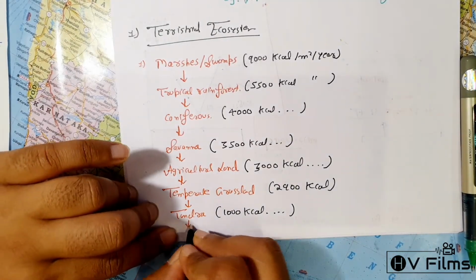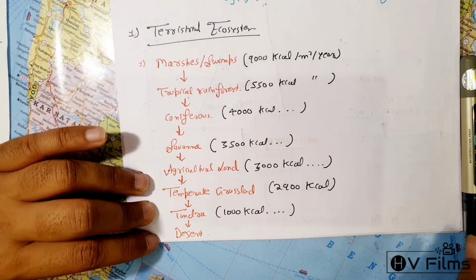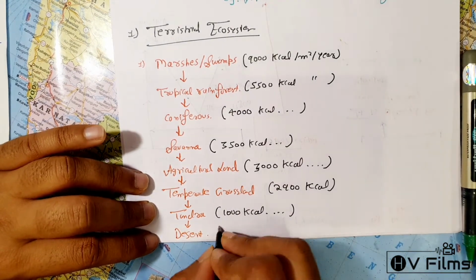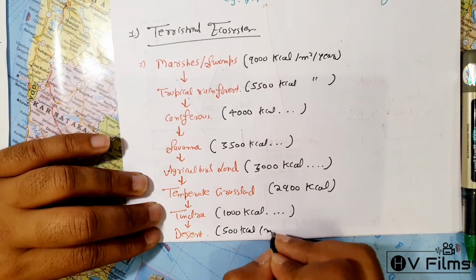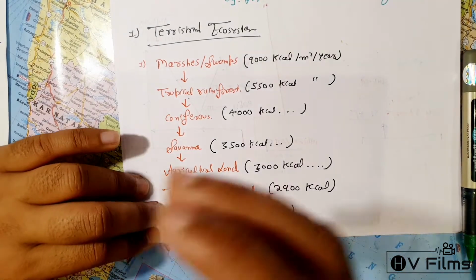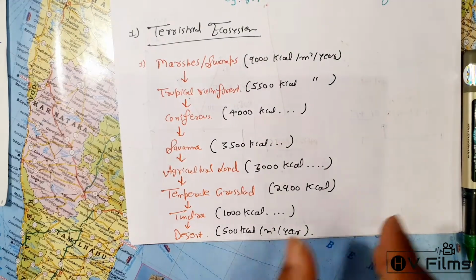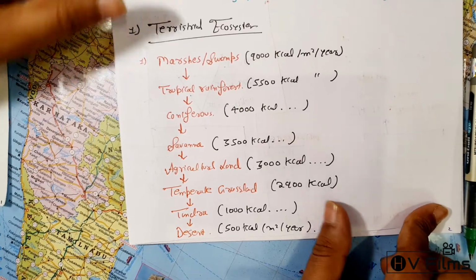And then finally we have deserts, and for the desert it is around 500 kilocalories per meter square per year. Alright, so you can remember this sequence because this will help you a lot in solving many MCQs if they ask you on this basis. So this is for the terrestrial ecosystem.